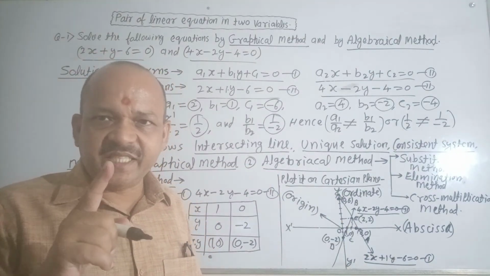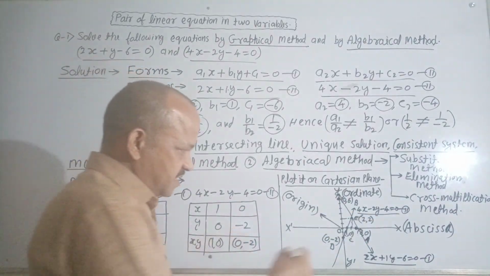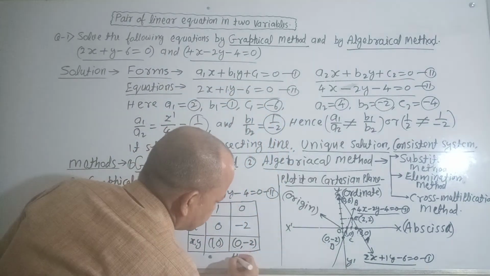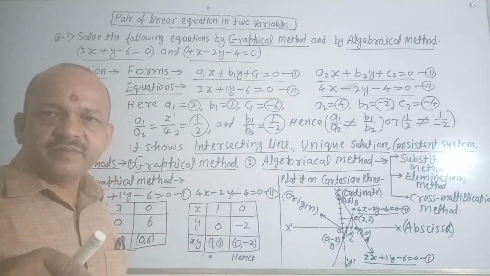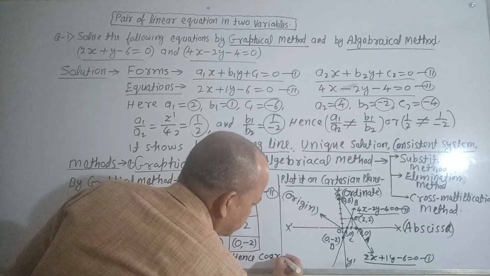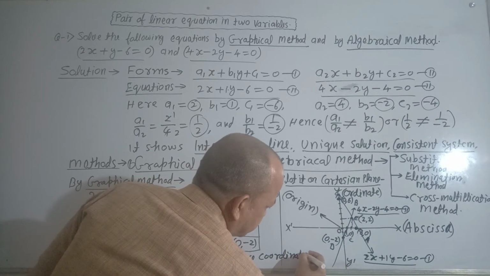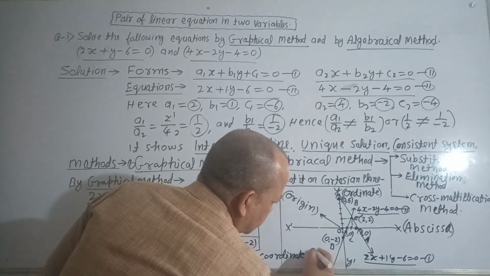Coordinate of intersecting point is (2, 2). Hence, coordinate of intersecting point (2, 2).